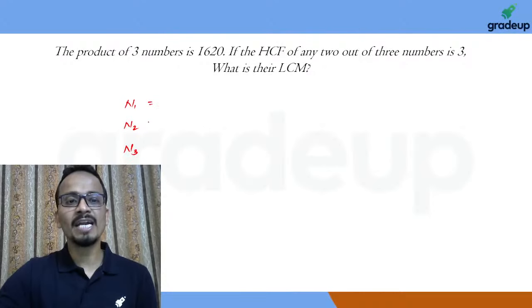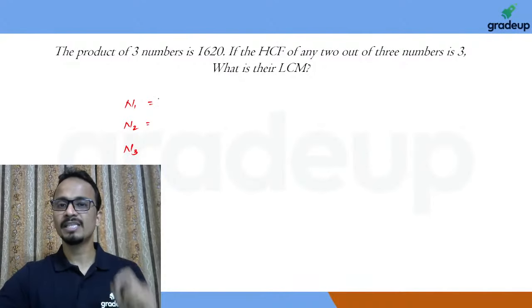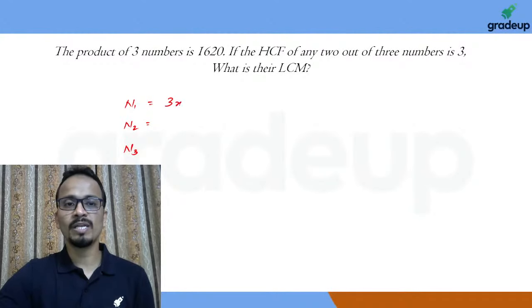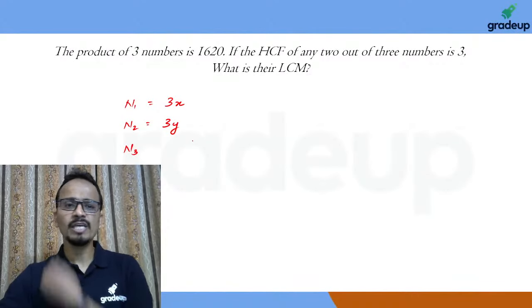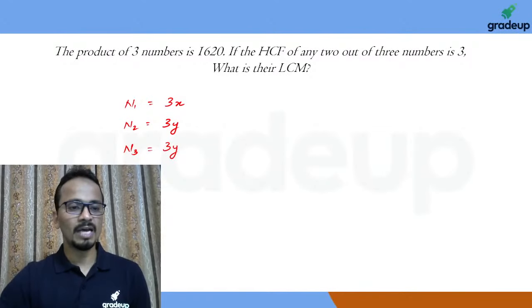So if I consider N1 and N2, then it is given that their HCF is 3. So I'll assume N1 as 3x and N2 as 3y. Again, if N2 and N3 are considered, then again their HCF is 3. So I'll assume the value of N3 as 3z.